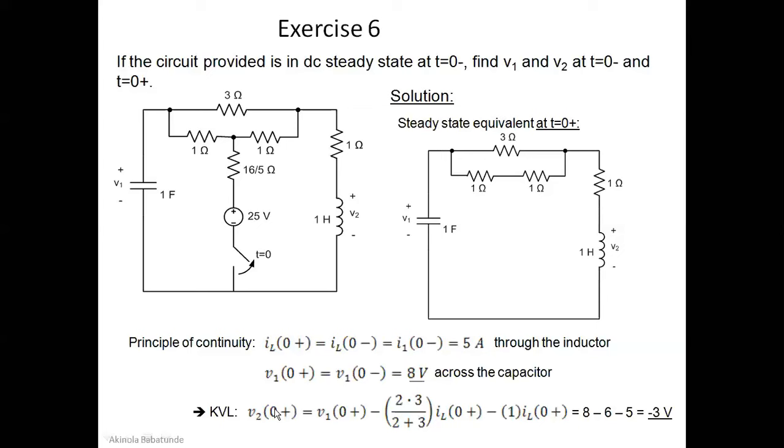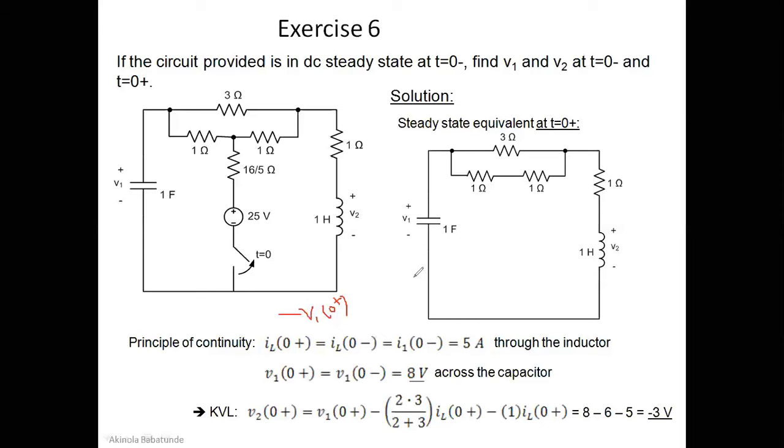We are going to apply KVL to the entire circuit. Minus V1 for KVL, if we are going this way, we are traversing from negative to positive. Minus V1, and this is V1(0+), by the way. Then we go on to this place. The current passing through these resistors, 2 and 3 in parallel, will be the inductive current IL.